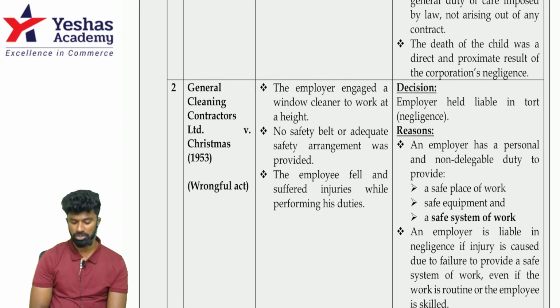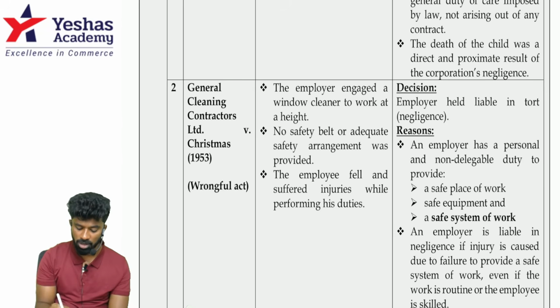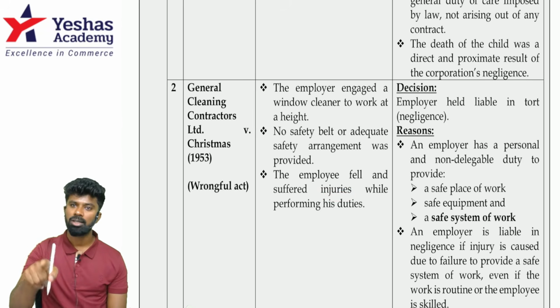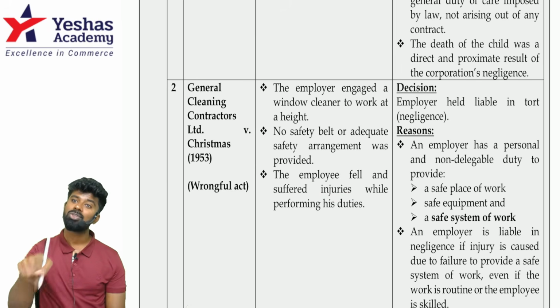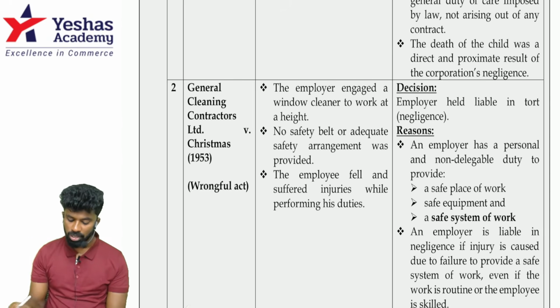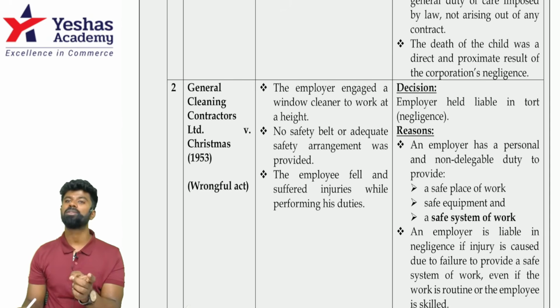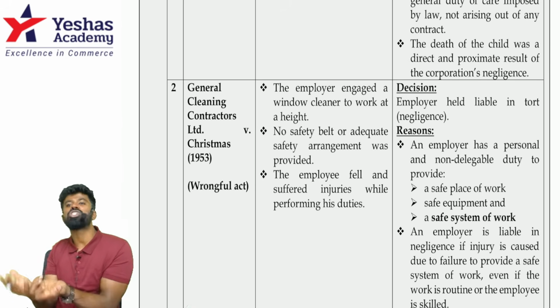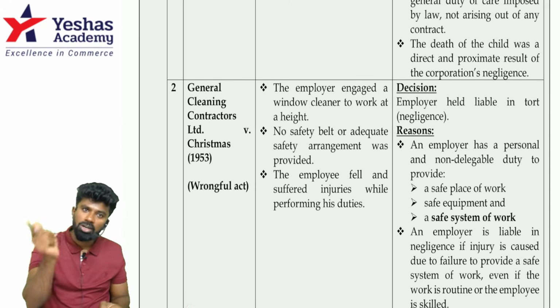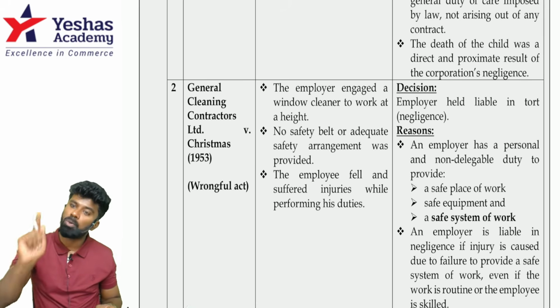The employee fell and suffered what? Injury. Is there any violation of right? Is there any loss? So there is injuria cum damnum. Injuria cum what? Damage. Is the employer liable or not liable? Is it an act or omission? Wrongful omission. Tort can be an act as well as an omission.